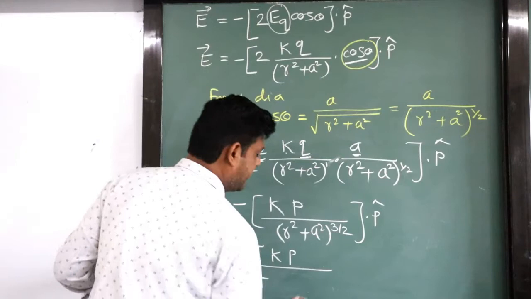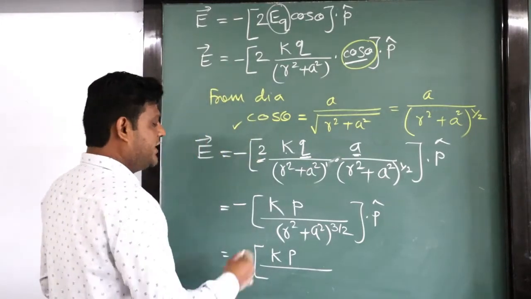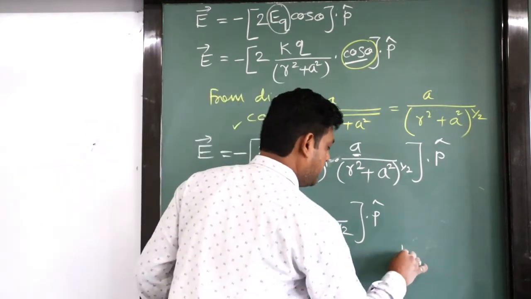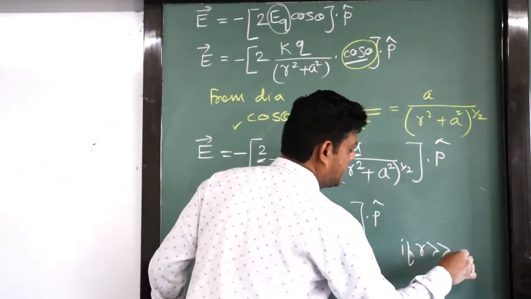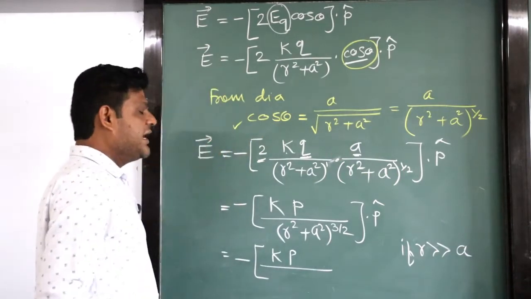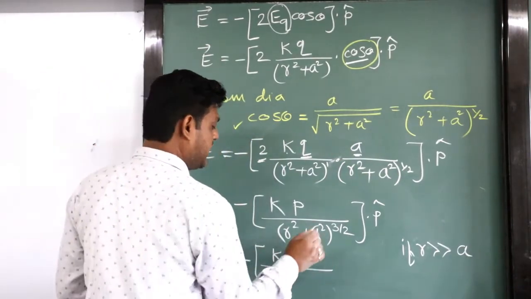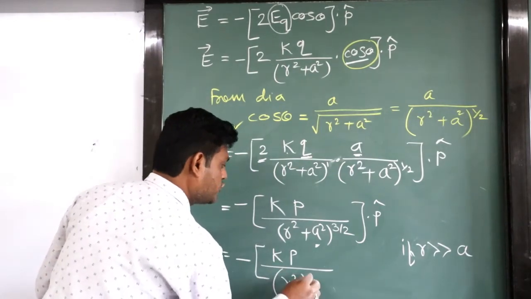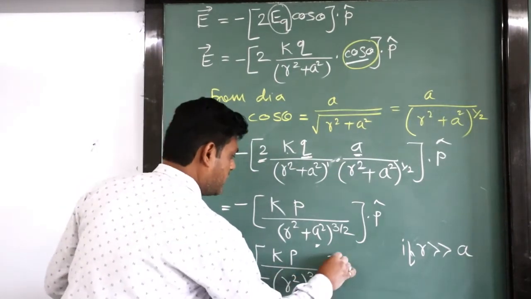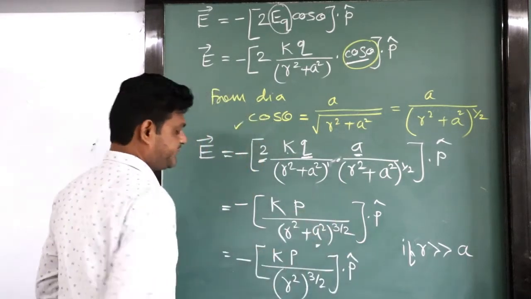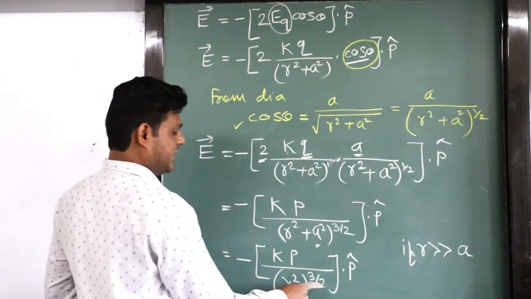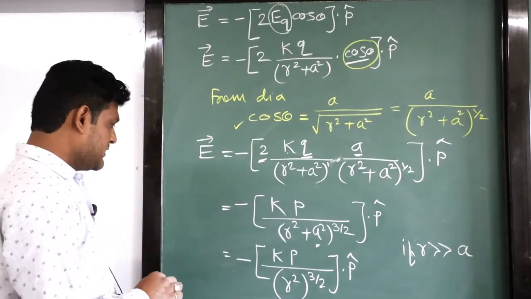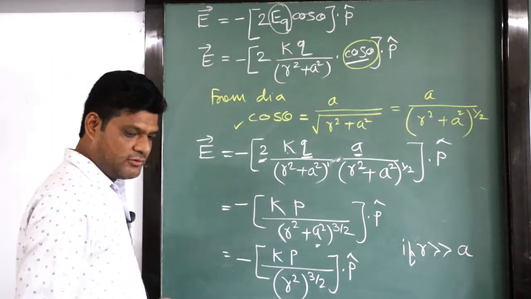Next, KP divided by, here we are considering that R is very much greater than A, so neglecting the term A in the denominator, we will write R square raised to 3 by 2 into this P cap. So these two and these two will get cancelled and we get the final equation.